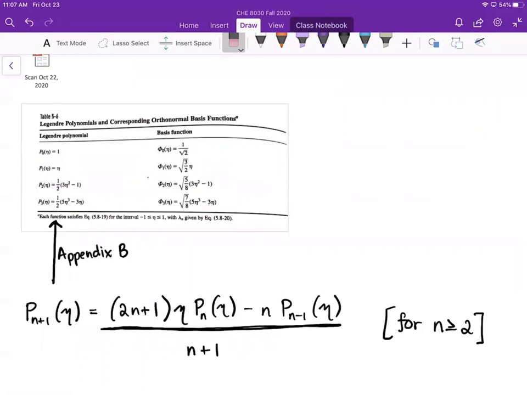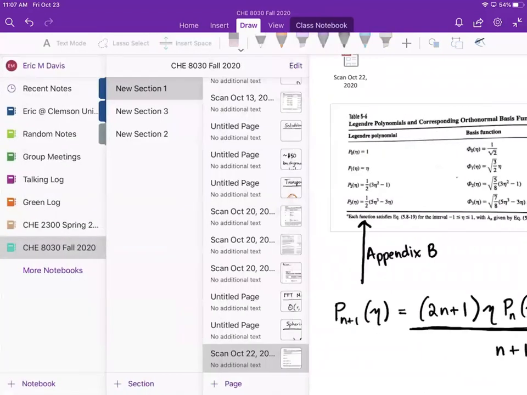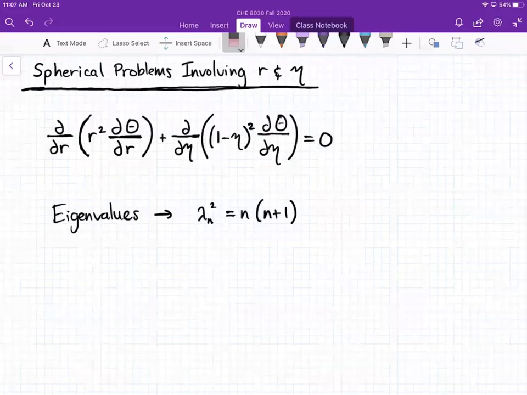And then how do we calculate those basis functions? Well, we calculate those basis functions using the following equation.